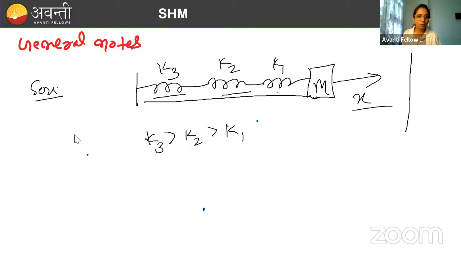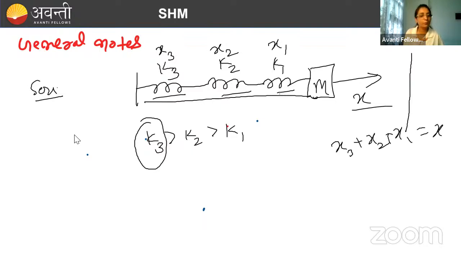So tension throughout is same everywhere. Force acting on these springs is same, but a spring which has more spring constant is a hard one, so it will displace by a little distance. Then K2 will displace by a little more, and K1 will displace by more and more. Done. So if the displacements are x3, x2, x1, then x3 plus x2 plus x1 must be equal to x.